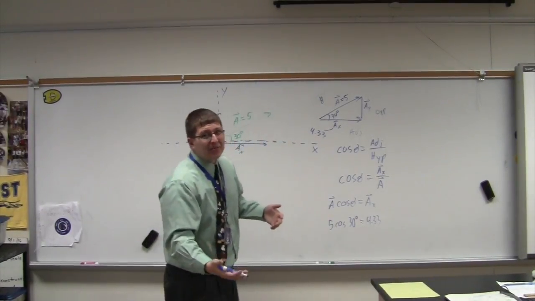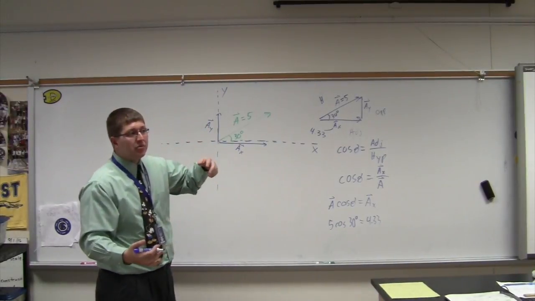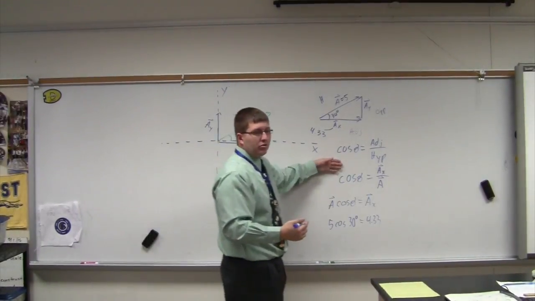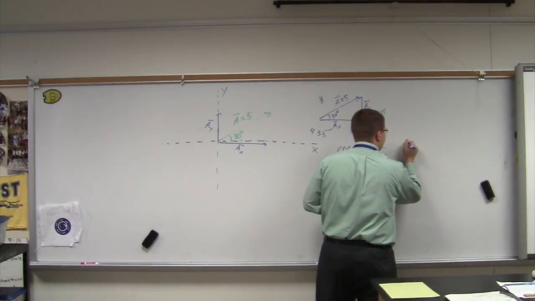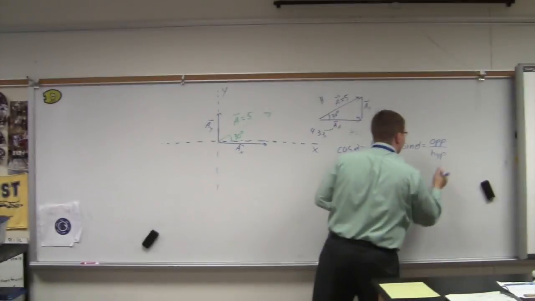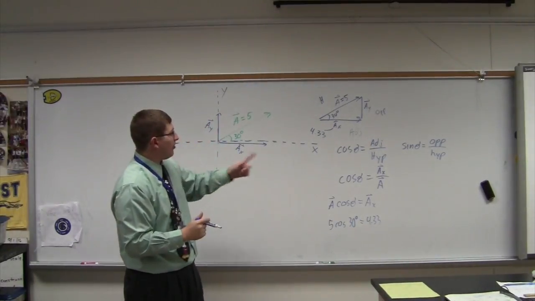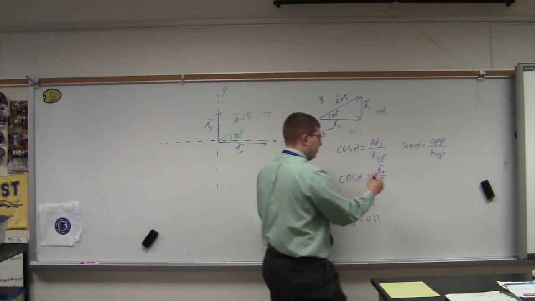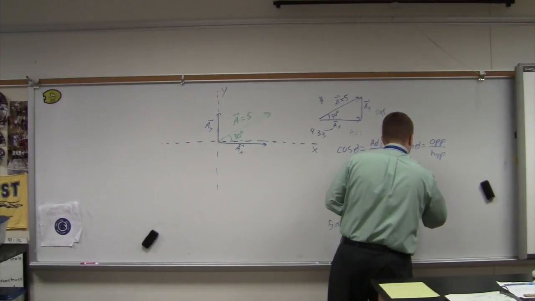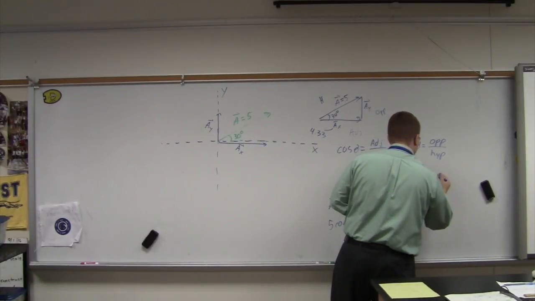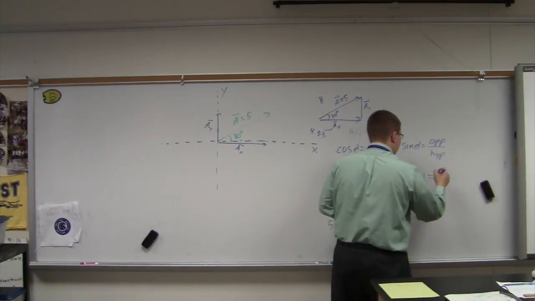All right, I'm going to do the same type of thing, but this time solve for AY. And so I'm not going to be able to use cosine. This time I have to use sine. So sine of theta is opposite over hypotenuse. That should help me find AY. Once again, I'm going to plug in my vector symbols rather than having opposite and hypotenuse.